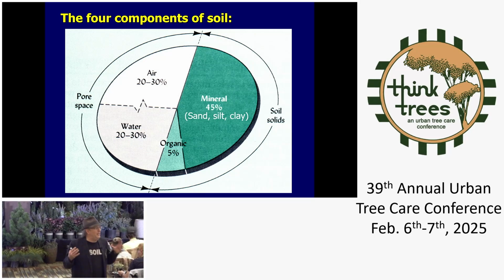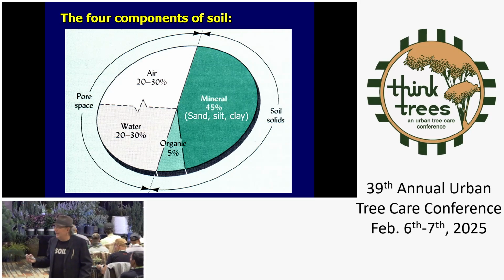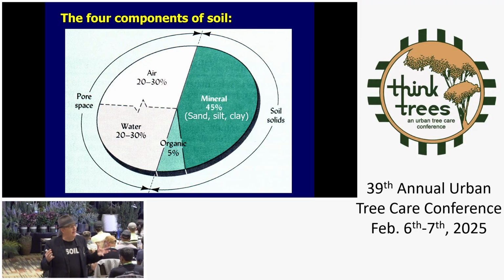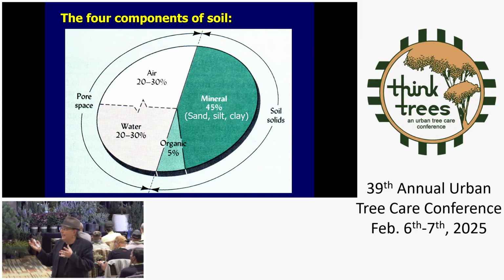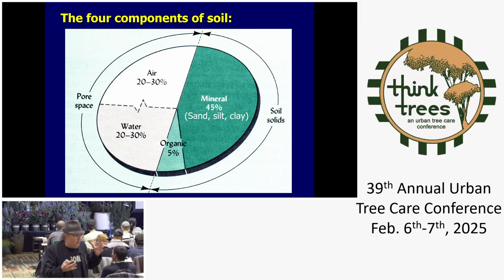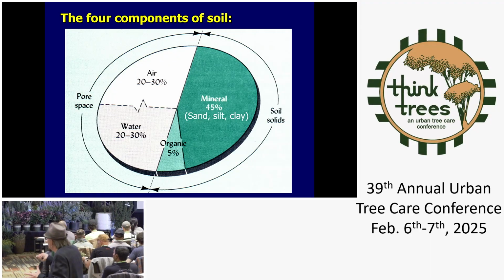And what you're really doing as land managers is you're managing space. Remember we talked about where the activity in soil is where it isn't. That's where the air is, that's where the water is, where the roots are, where the bugs are, and all that stuff happens in the space.